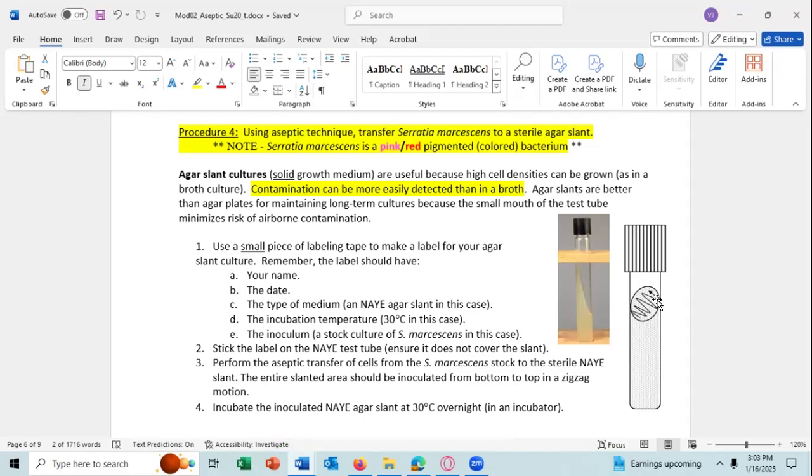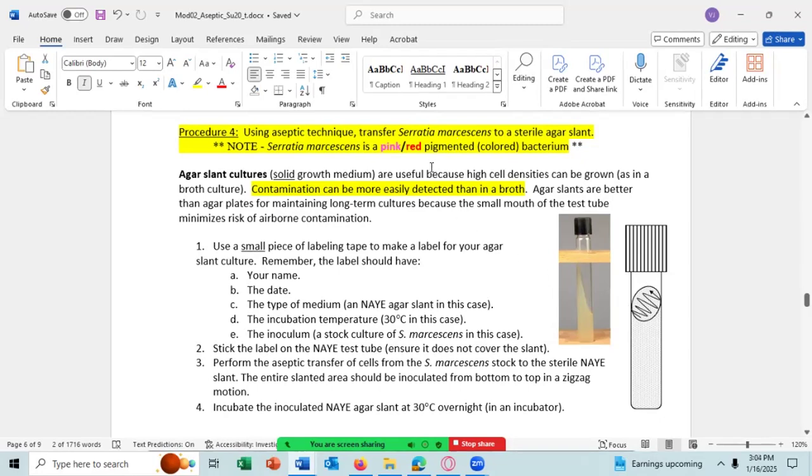The contaminant will not look pink in this case, and so it'll be a different color than you're expecting, and so you can see the contamination. So especially when you're growing Serratia marcescens, which will be red, it's much easier to see contaminant.